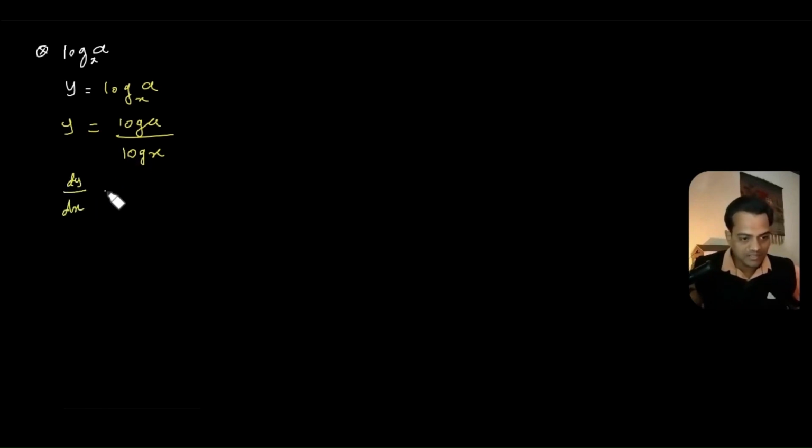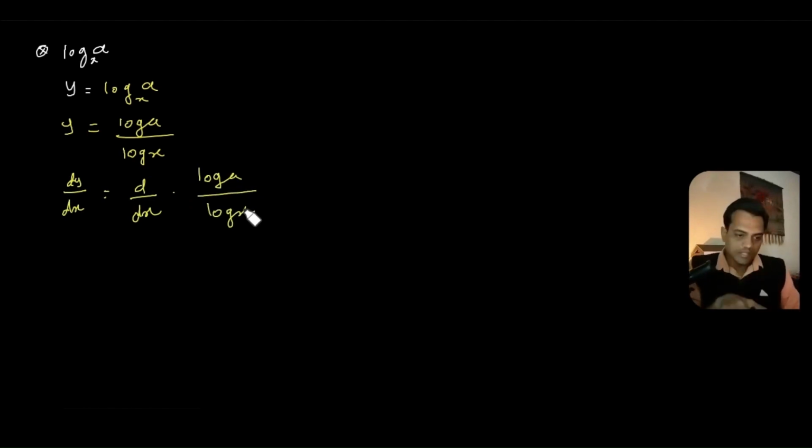So dy by dx is equal to the derivative of this term with respect to x: log of a divided by log of x. Here we can see that log of a is a constant, because small a is considered a constant in mathematics.